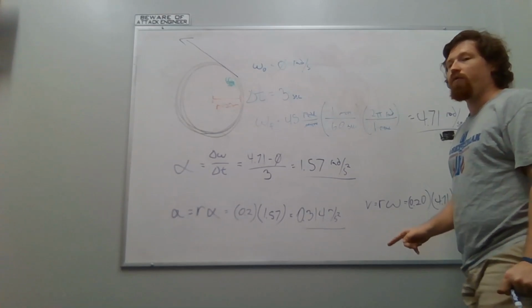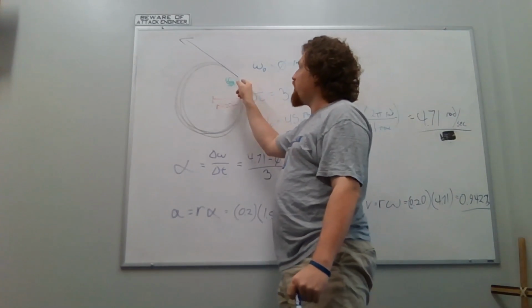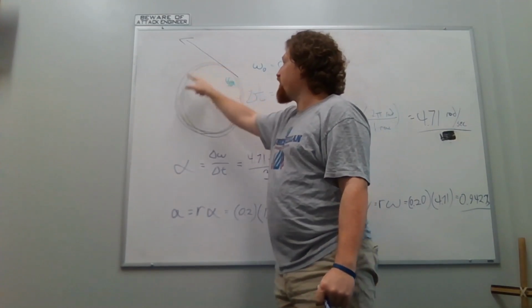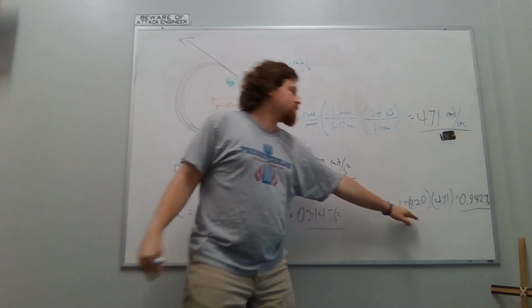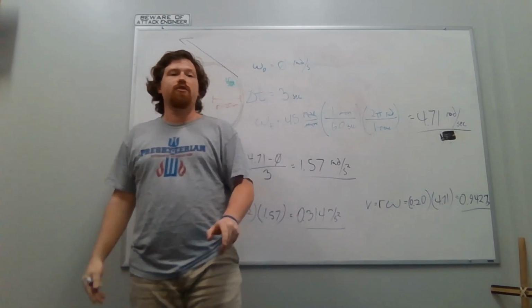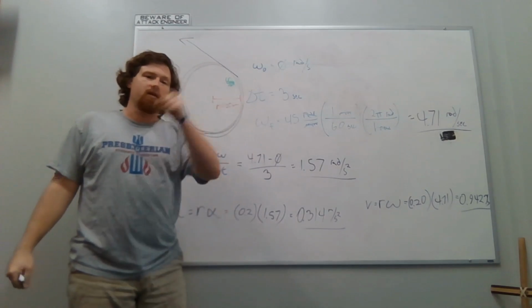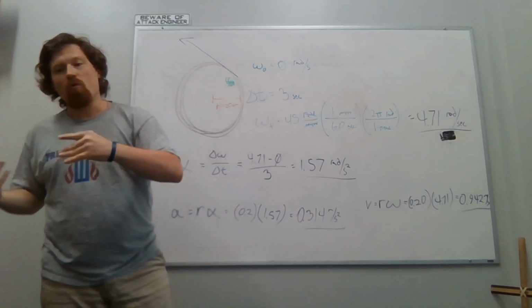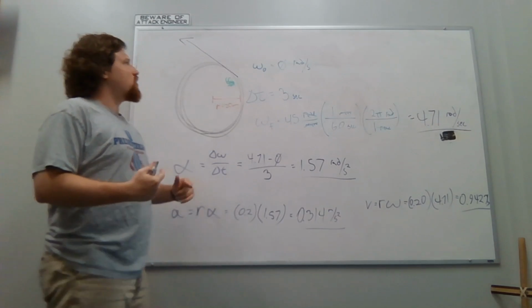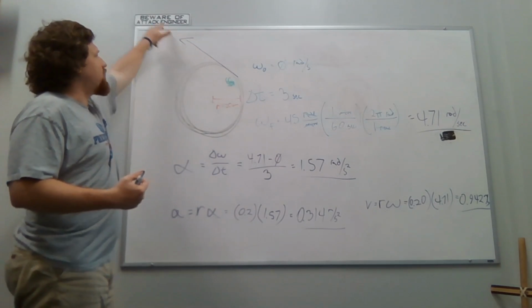Once it lets go, the wheel is not forcing it to keep moving in a circle. It has already built up this linear velocity. The wheel is just forcing it to keep moving in a circle. But if it lets go of the wheel, it's no longer being forced to move in a circle. So instead, it will begin moving in a straight line.